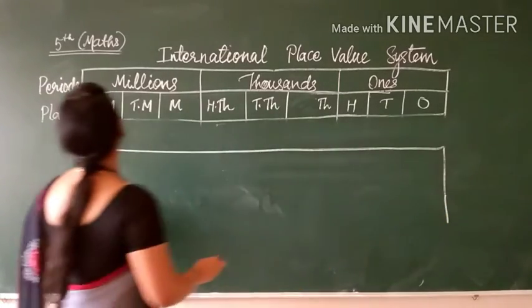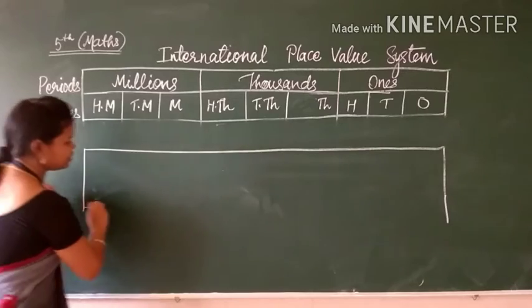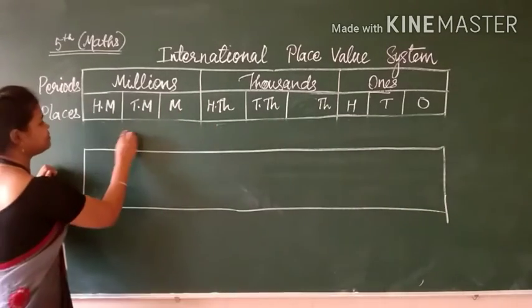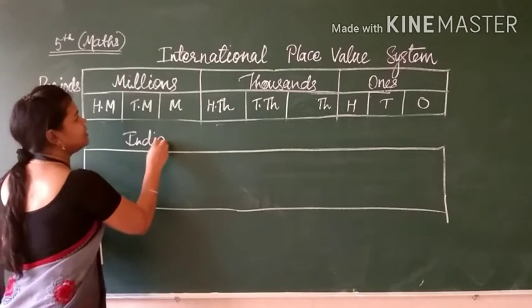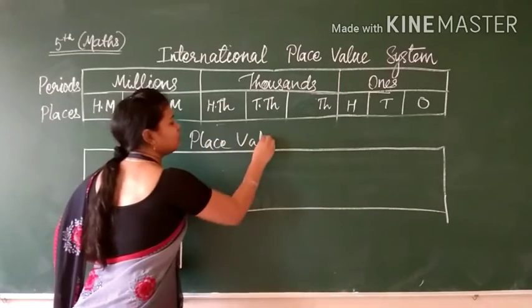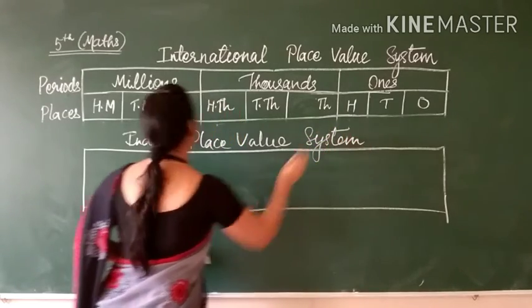So see, first the International Place Value system is already here, so I am not erasing it, and the next one is your Indian Place Value system.